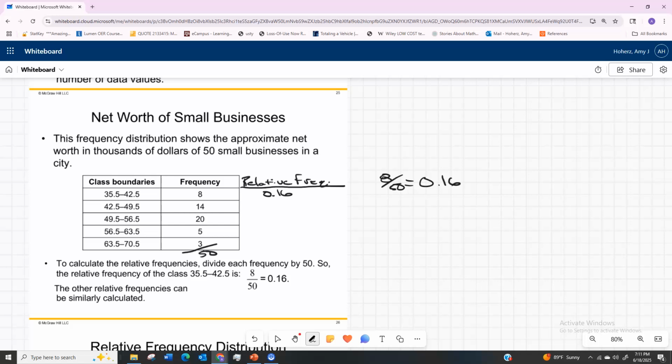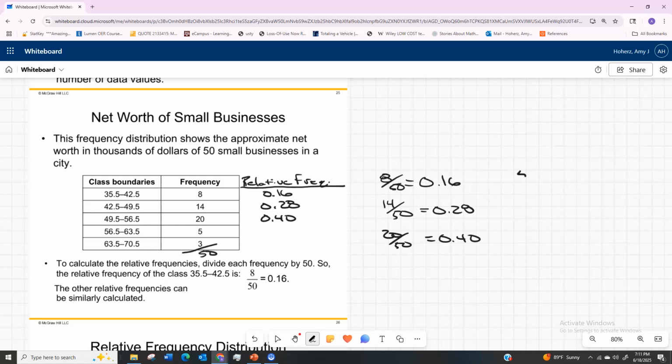Then we're going to continue that. So 14 out of 50 is 0.28. That's the relative frequency there. So 20 out of 50 is 0.40. So you're going to divide 20 by 50 on your calculator, and that's going to get you 0.40.